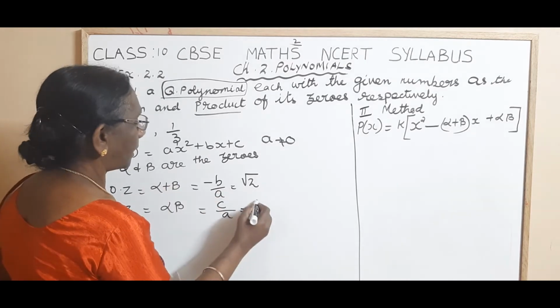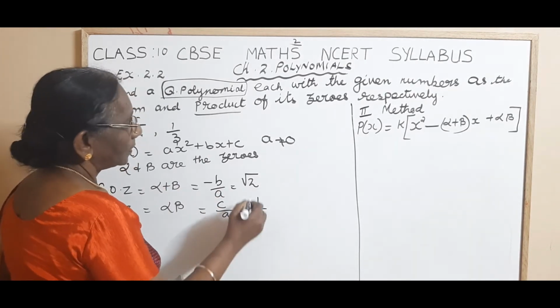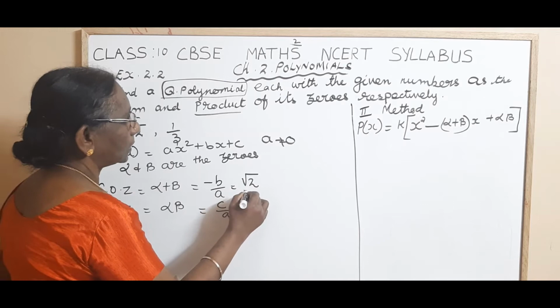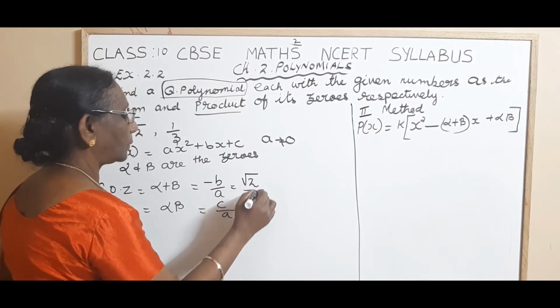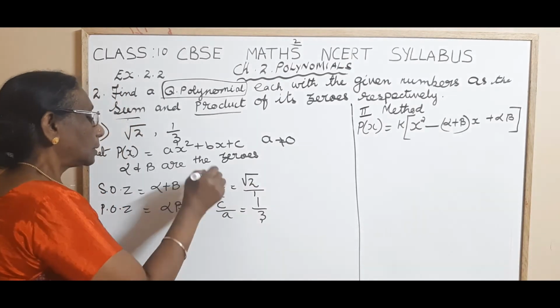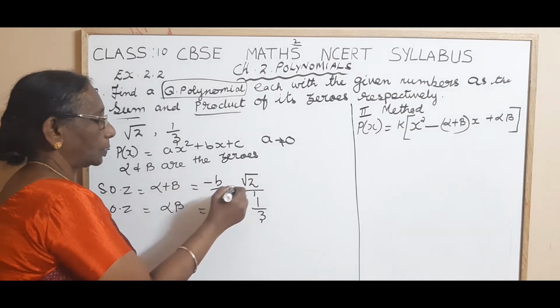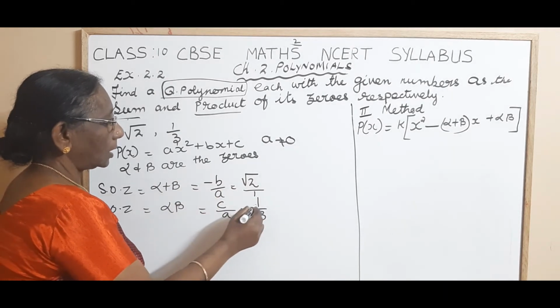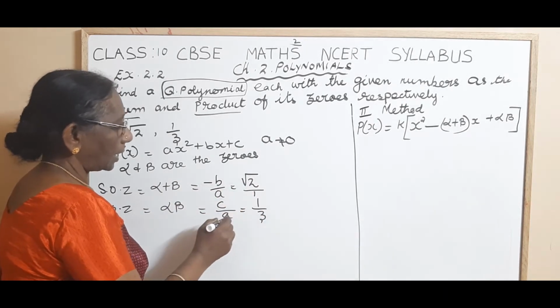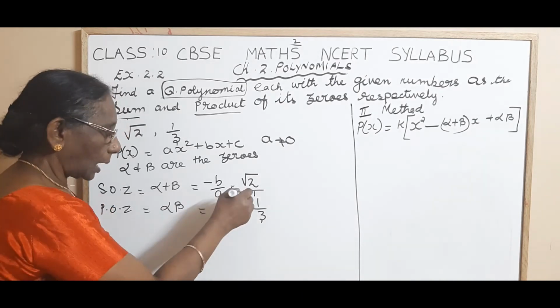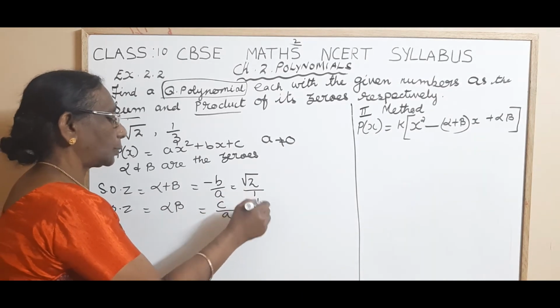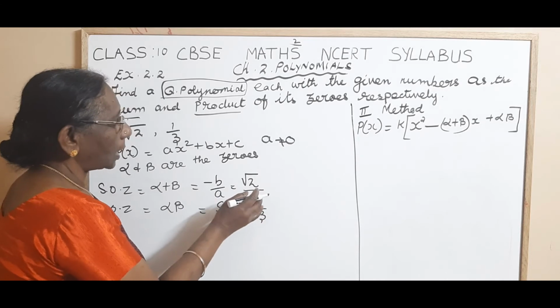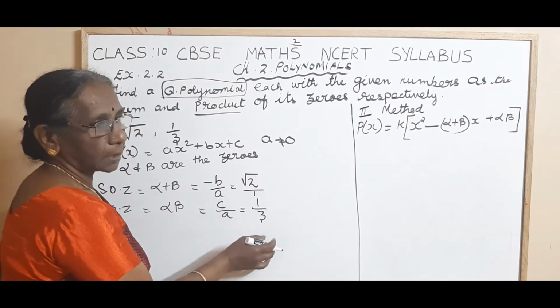Is equal to root 2, and the product of zeros, alpha beta, is equal to c by a, which is equal to 1 by 3. So here root 2 means root 2 by 1. And here minus b is root 2, a is equal to 1. Here c is 1 and a is equal to 3. So a cannot have two values, so we have to make this denominator 3.